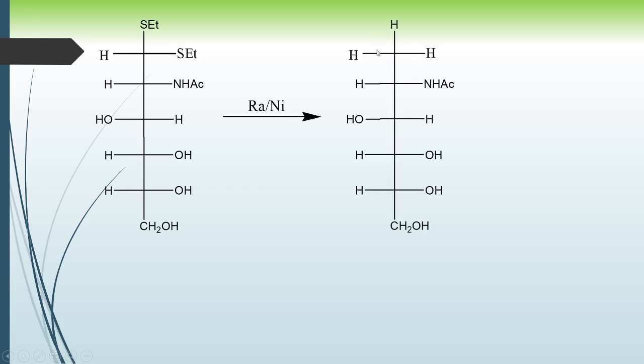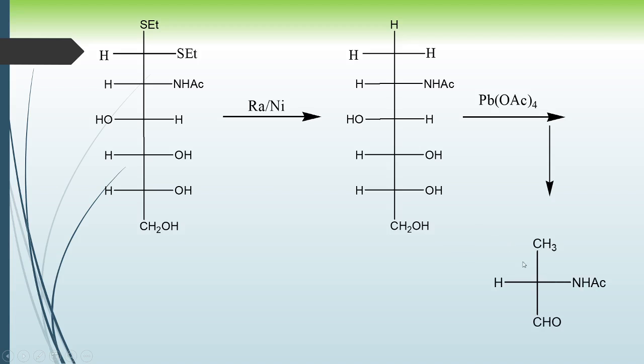Then after we use the Raney nickel to convert this into this CH3 group. After the formation of this CH3, there is a cleavage of this diol by using the lead tetraacetate. So after breaking of this, we got 2 molecules. This is the first one, and the next one is this below group, that is the glyceraldehyde. Then this aldehyde can be converted into this acid by using the mild oxidizing reagent, that is the Br2 in presence of water.